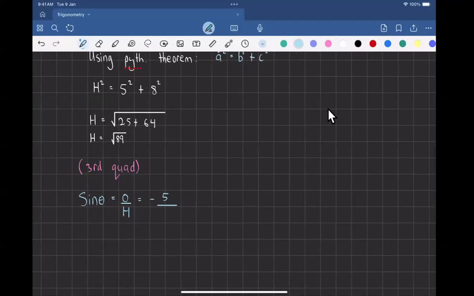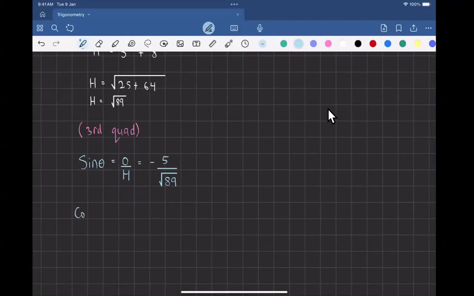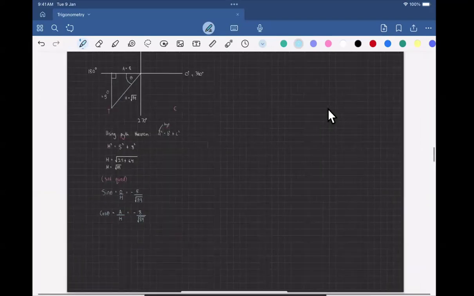And cos theta is equal to what? Adjacent over hypotenuse. What was the adjacent? Right, so my answer is negative 8 over root 89. Those are my answers.